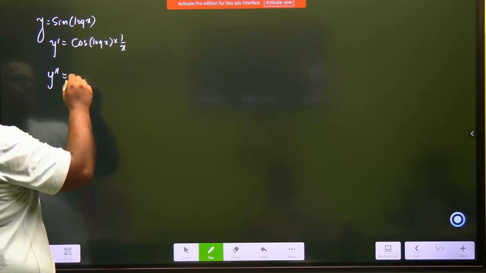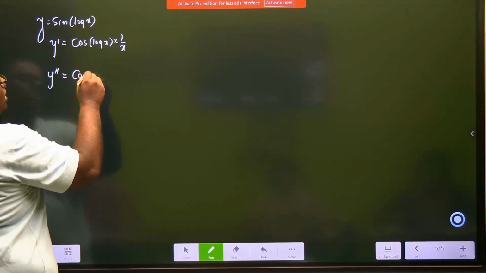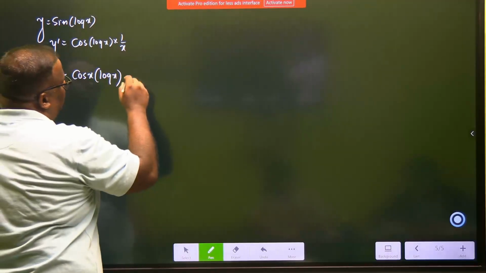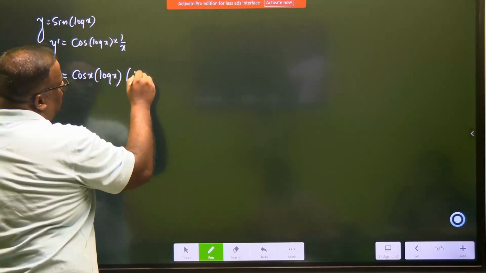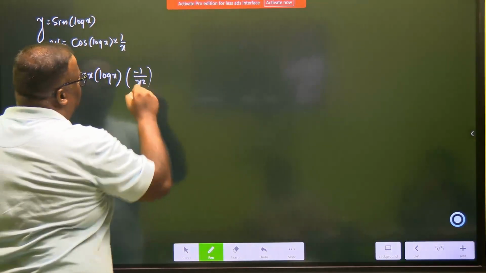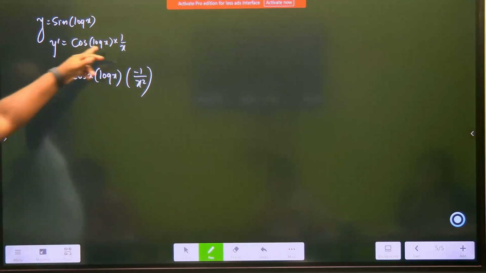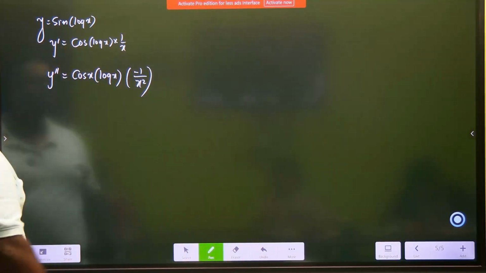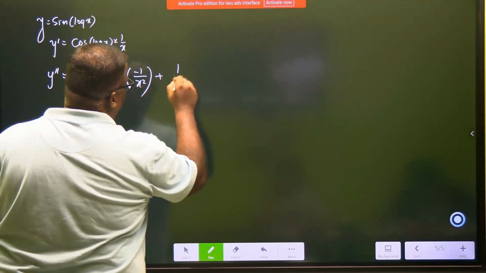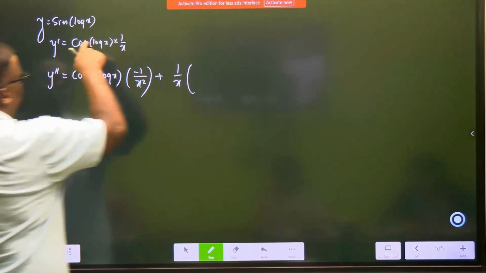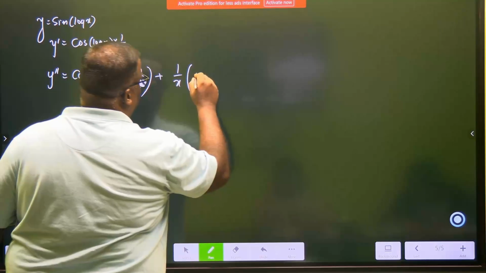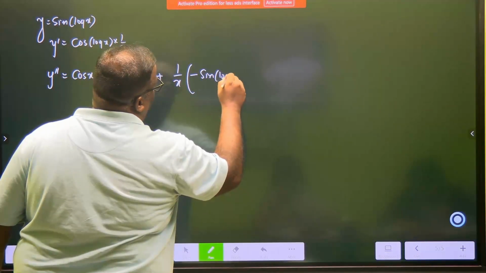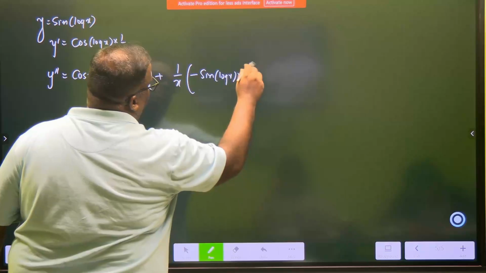So the first function, cos of log x, into the differential of the second function, and by now you know it, this is minus 1 by x square. X to the power minus 1, differential is minus 1 by x square. Fine. Then we have our 1 by x into the differential of this, which will be negative sine log x into 1 by x.